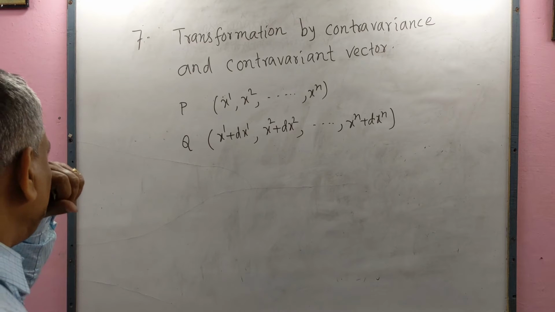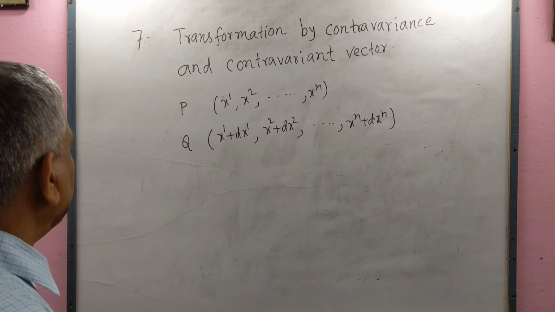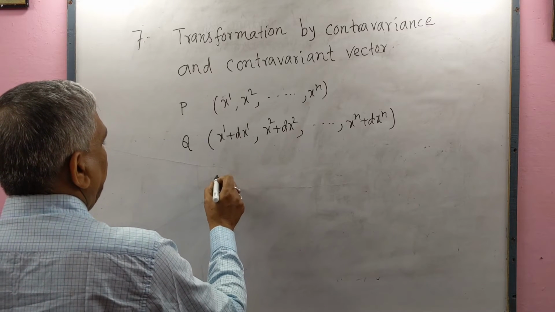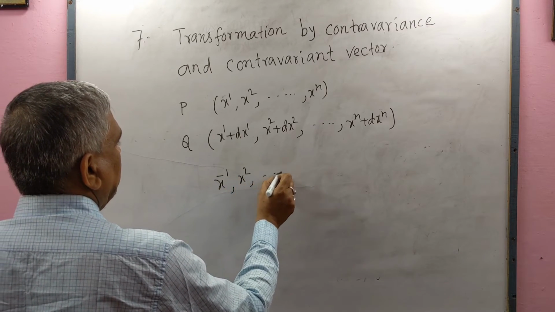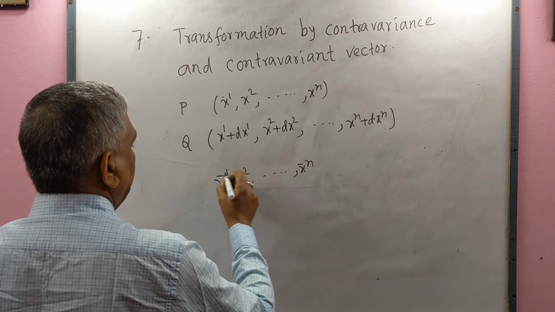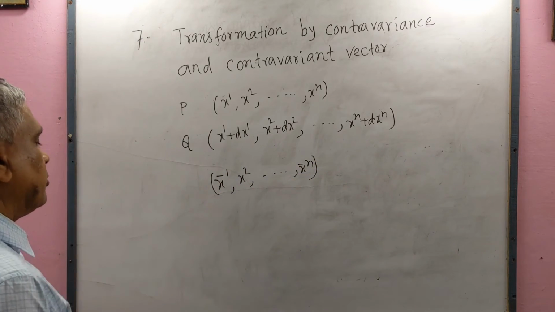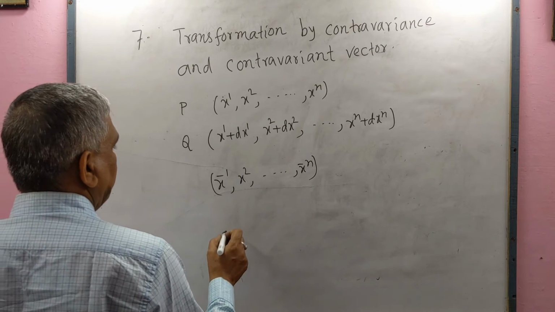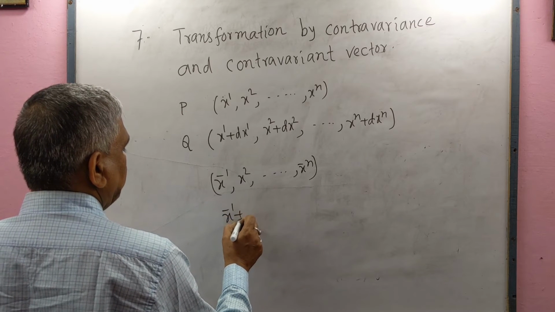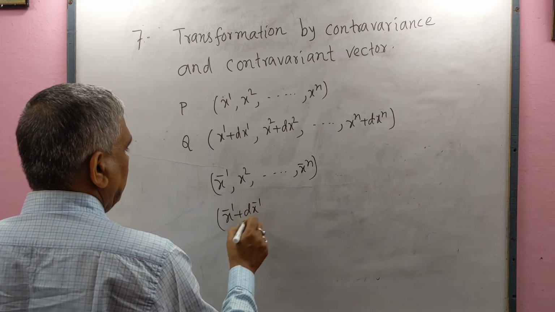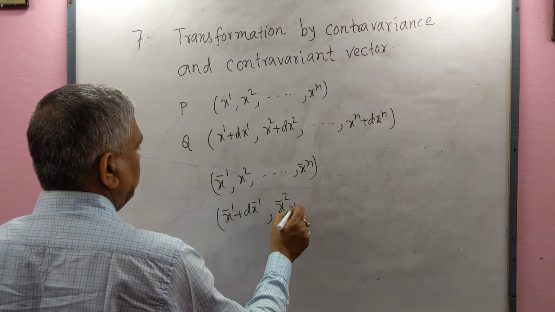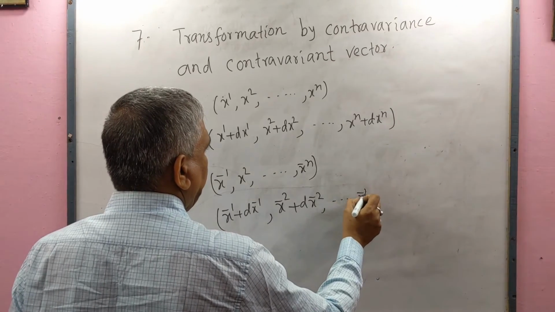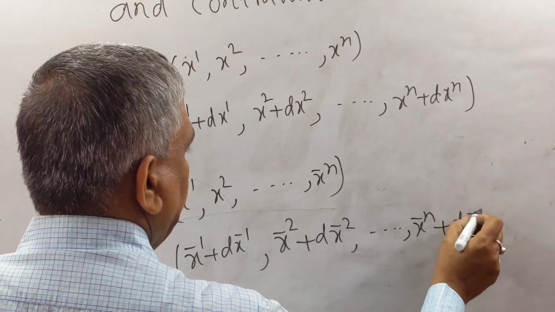In the x bar system of coordinates, the coordinates of the point P are written as x bar 1, x bar 2, x bar n. The coordinates of the point Q in the x bar system of coordinates are x bar 1 plus dx bar 1, x bar 2 plus dx bar 2, x bar n plus dx bar n.